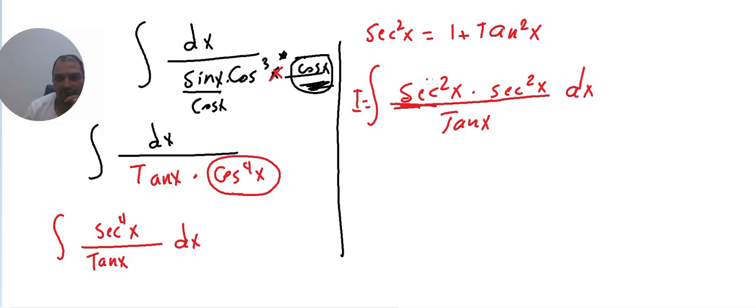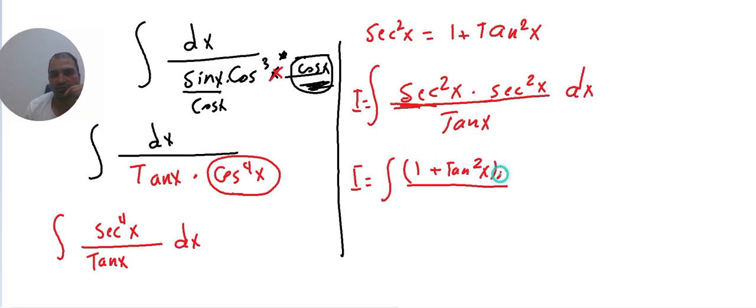We can replace sec power 2 with 1 plus tan power 2 of x. Then I will be equal to 1 plus tan power 2 x product by sec power 2 x over tan x, all dx.